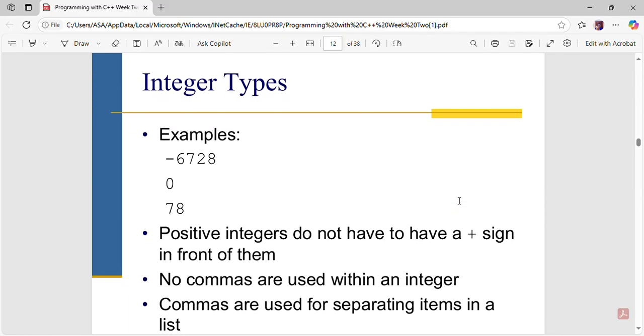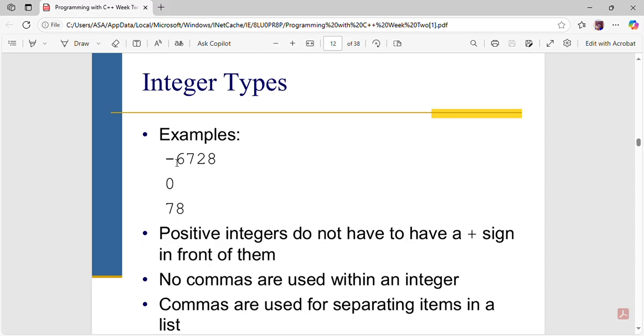So let's look at some integer types. Negative 67280 and then positive 78. Positive integers do not have to have a plus sign in front of them. Like how the 78 here is written, we don't need to attach a plus sign to it.